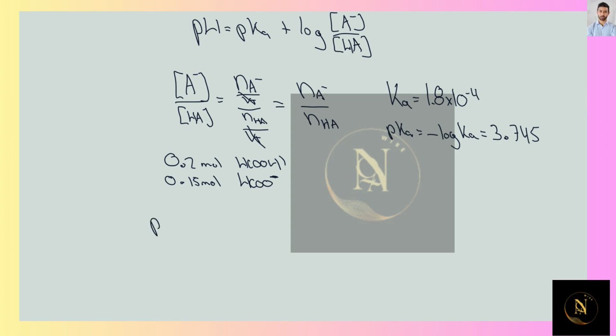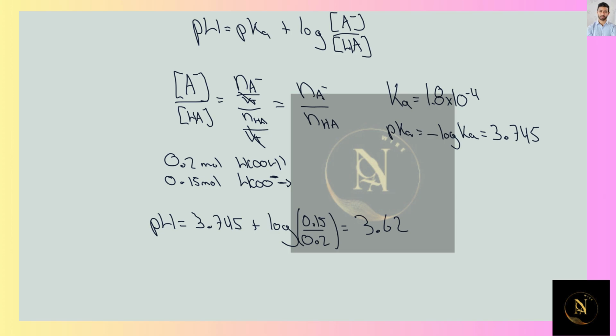So our pH will become 3.745 plus the logarithm of the amount of mole of the conjugate base divided by the amount of mole of the acid, giving us a value of 3.62 for pH.